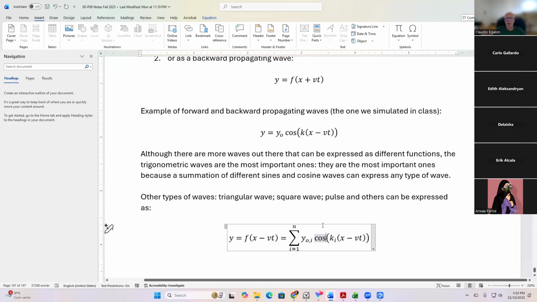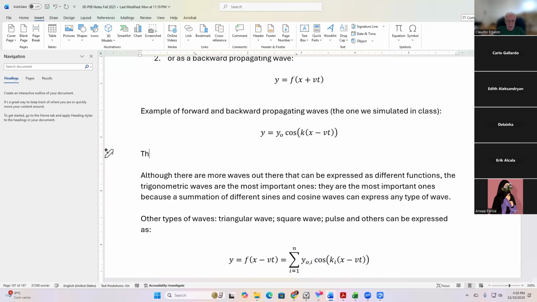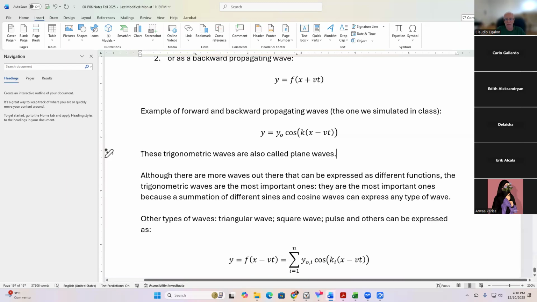It's just a matter of a difference in the argument. And by the way, these trigonometric waves are also called plane waves. So every time that you hear the word plane waves, you already should know that it's a cosine or a sine function.